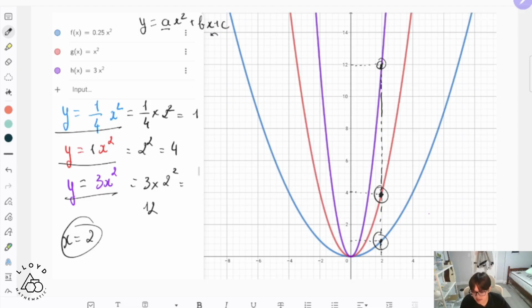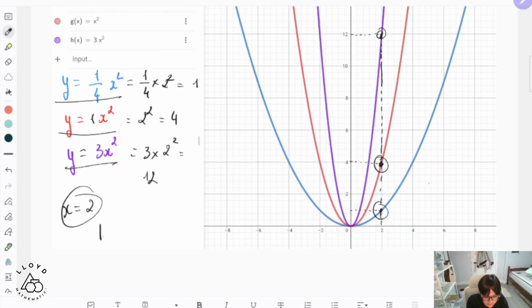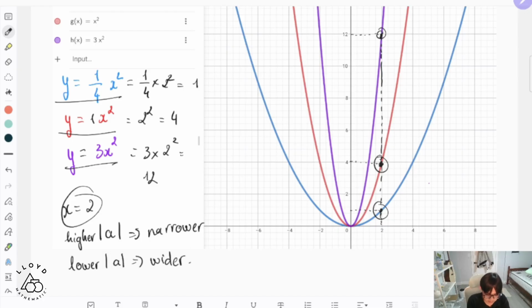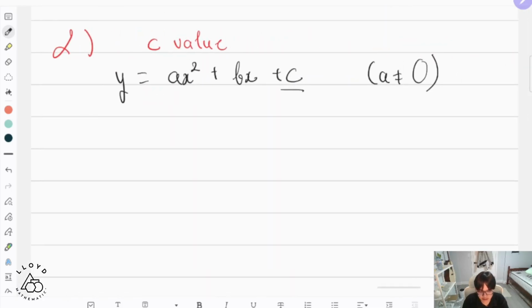That makes it look wider compared to the other two. So here we can conclude that the higher the absolute value of a, the narrower the graph is, and the lower the absolute value of a, the wider it becomes. With these two examples, we can easily see that.